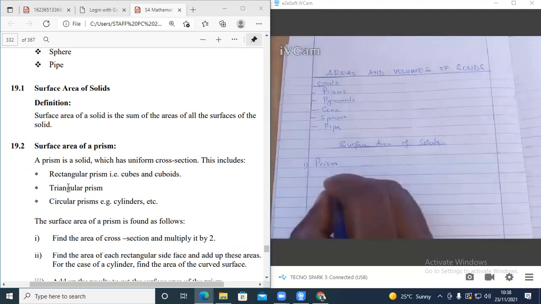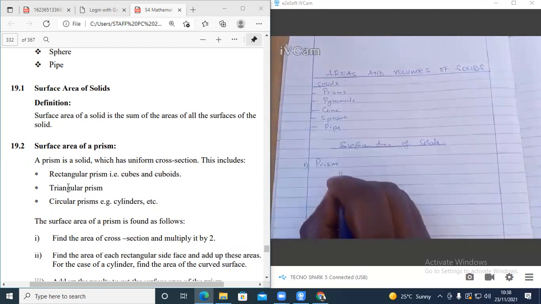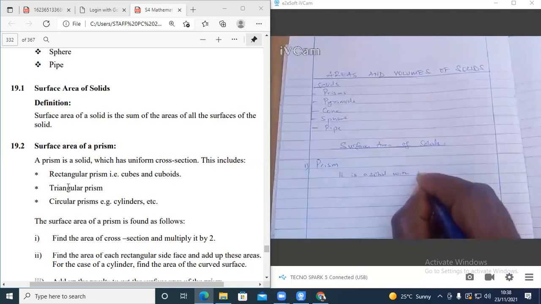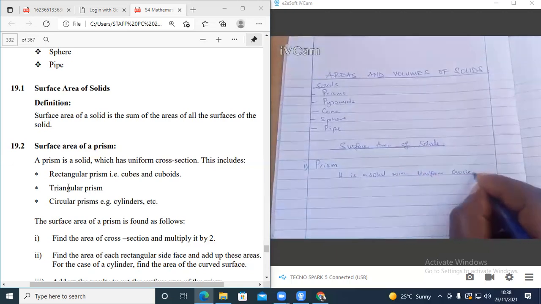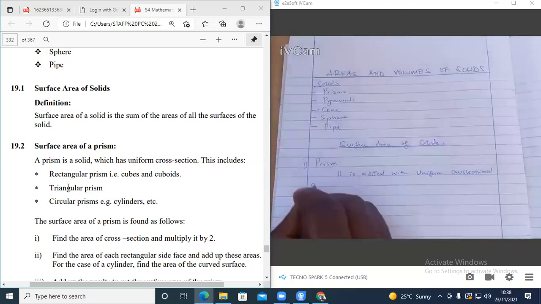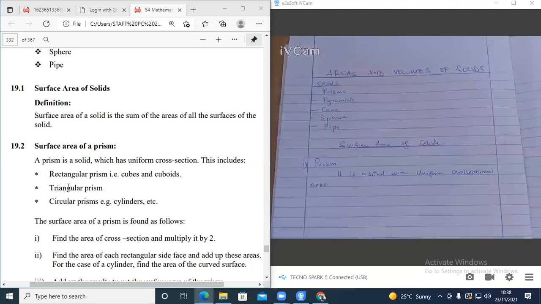That is very important: it is a solid with uniform cross-sectional area. And I'm going to be giving you examples of solids that are in the form of prisms. These include the rectangular prism, the cube, the cuboid.